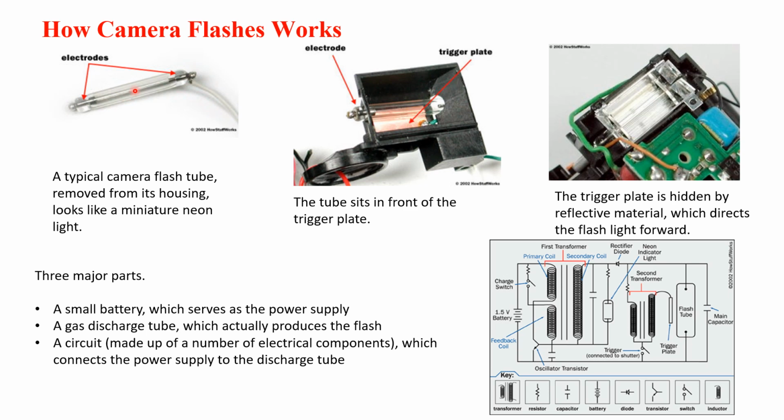This flash tube sits in front of the trigger plate, which is hidden by reflective material that directs the flashlight forward. The third major part is a circuit made up of a number of electrical components which connects the power supply to the discharge tube.